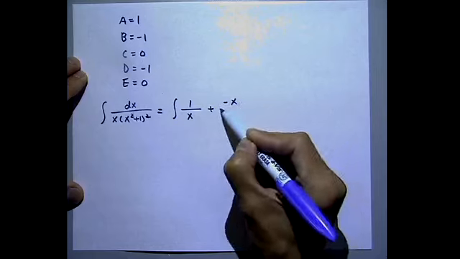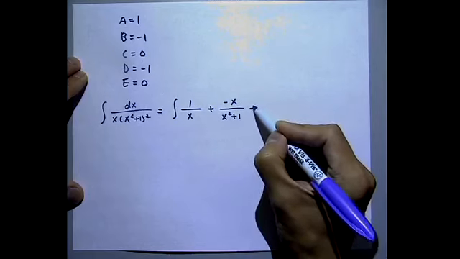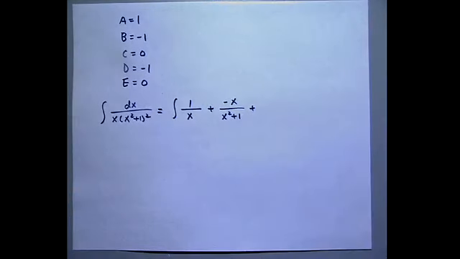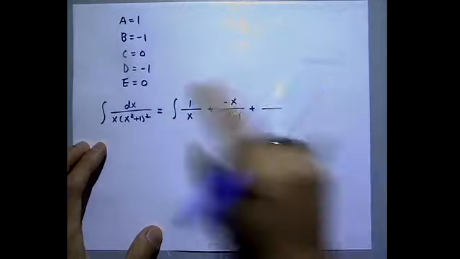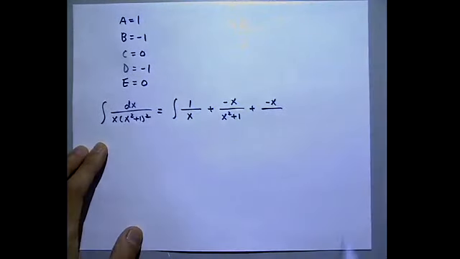C is 0. And then dx plus E, minus 1x, E is 0.